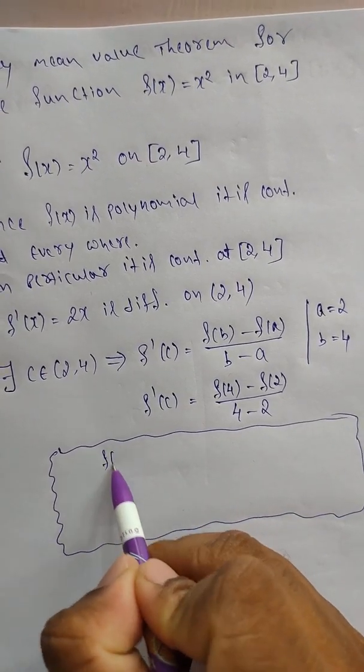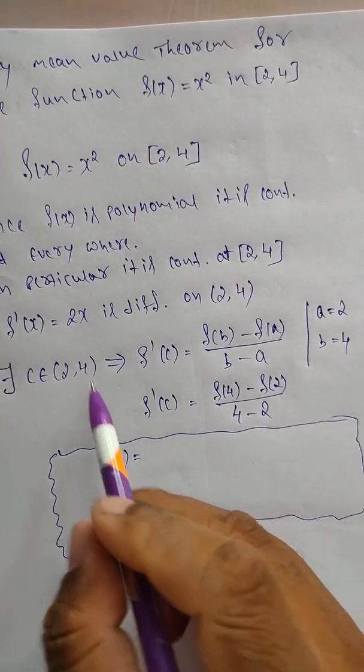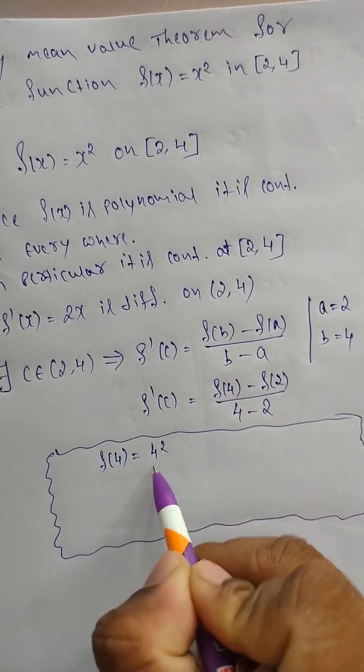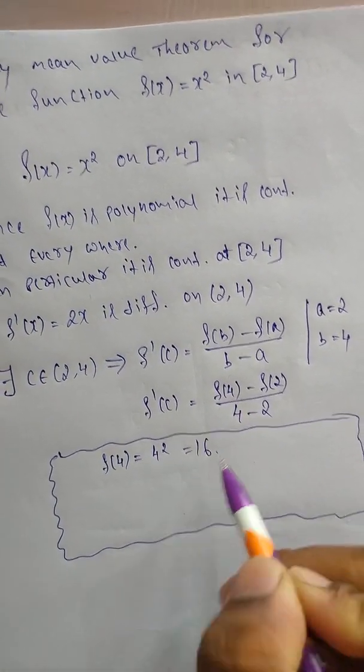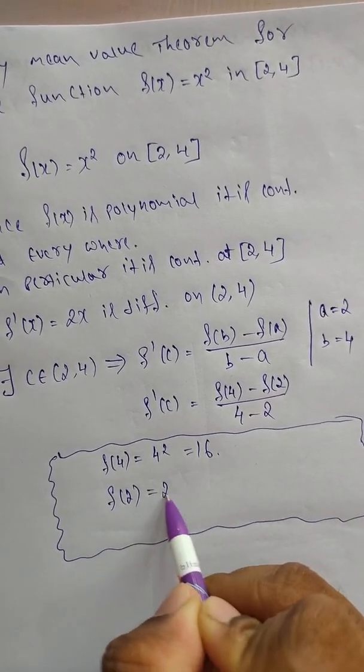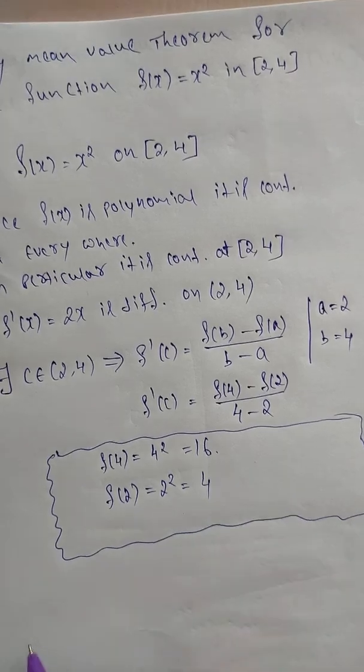What is the value of f of 4? We know that f of x is x square. f of 4 means 4 square, which is 16. Like that, f of 2 is 2 square, which is 4. Is it clear?